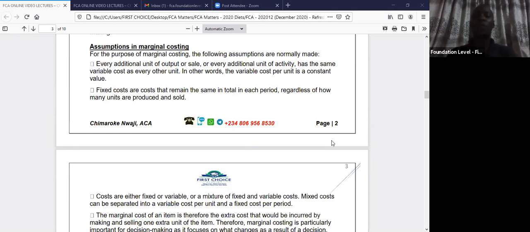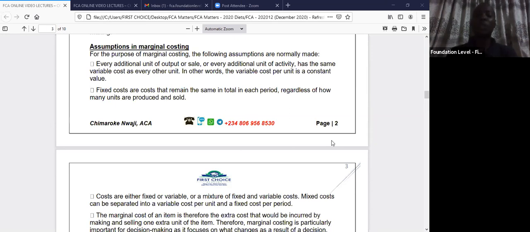You see, variable cost is constant per unit. Fixed cost is constant in total. And the third assumption is, whenever you have a mixture of fixed costs and variable costs fused in one cost, which we normally call semi-variable, or which is called stepped costs, we can break it down into their components, called the fixed cost and the variable cost component.